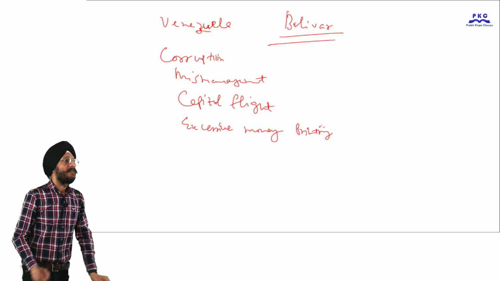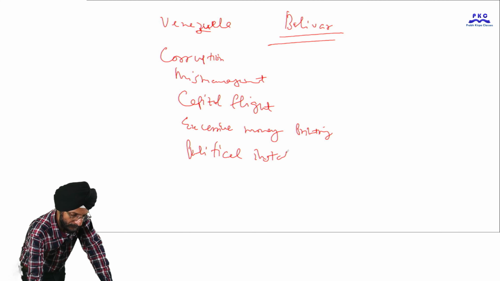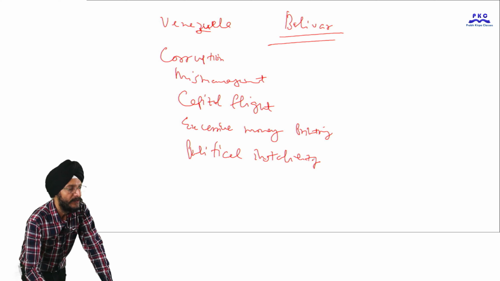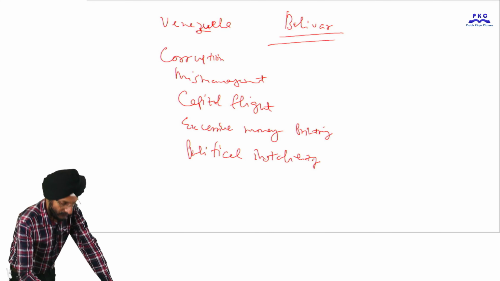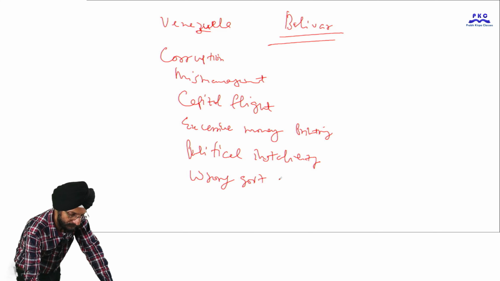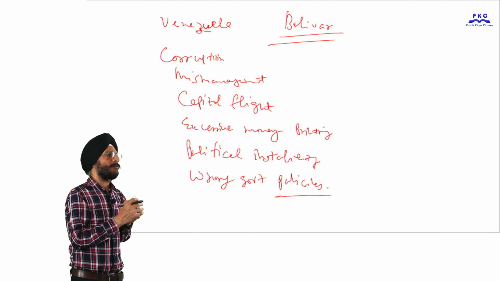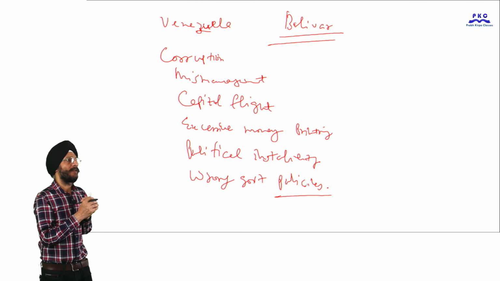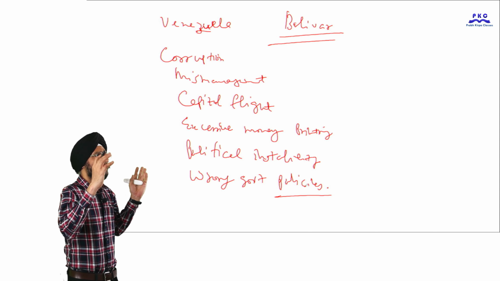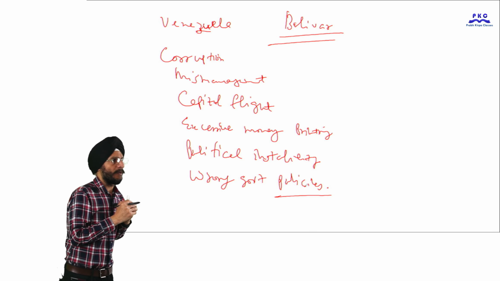Then there was political instability in Venezuela. Then there were wrong government policies which increased the economic problems of the country. Even today, Venezuela is facing a lot of economic problems.